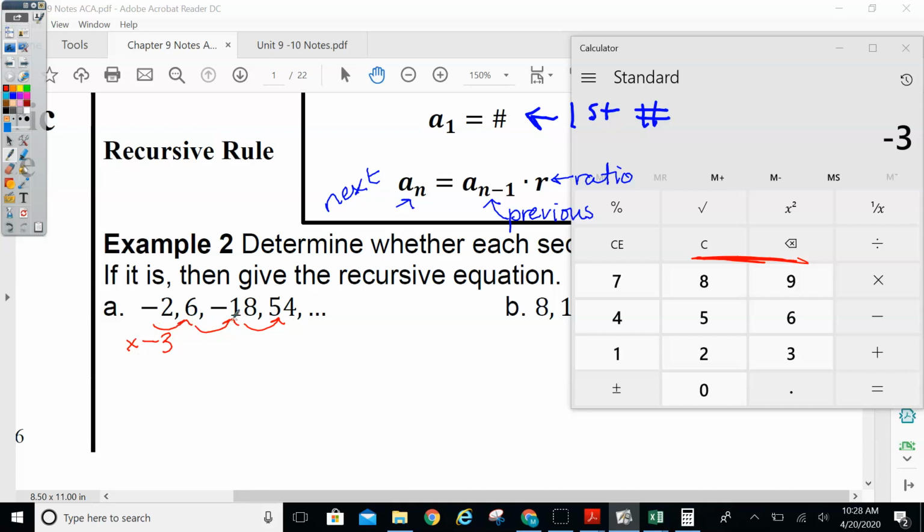Now all the other ones have to be -3 in order for it to be geometric. 6 times -3 is 18, so that one's good. Make sure you check them all, because sometimes they try to trick you when the first one is the same, but then the last one's not. Here we get times -3 again, and it's 54. So yes, it's geometric.